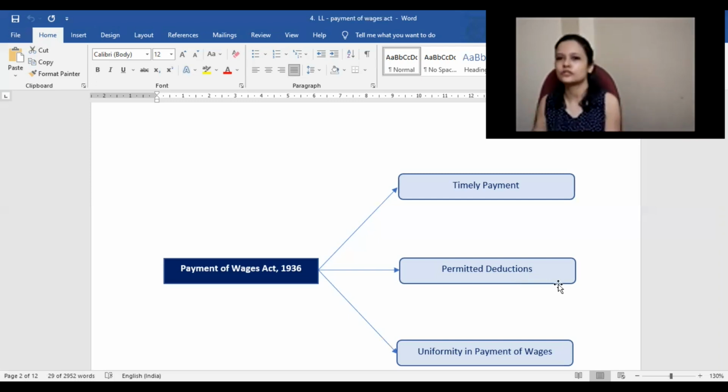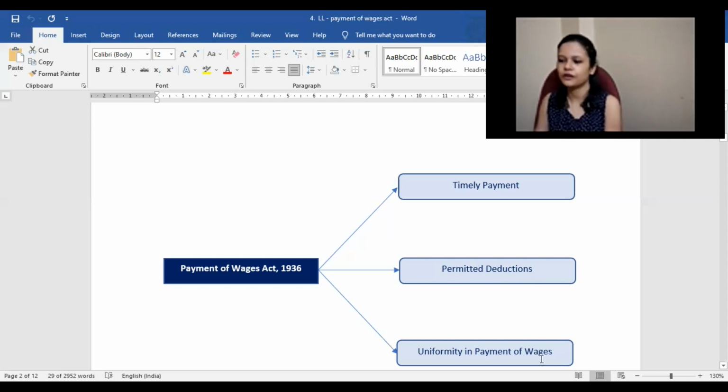That also should not happen. There should be something already specified. When a person joins, they should know what the permitted deductions are and how much the deduction will be. It should not be that when someone does something, this much is deducted. So with permitted deductions, we need to know what is allowed and what is not justified. That is another issue.